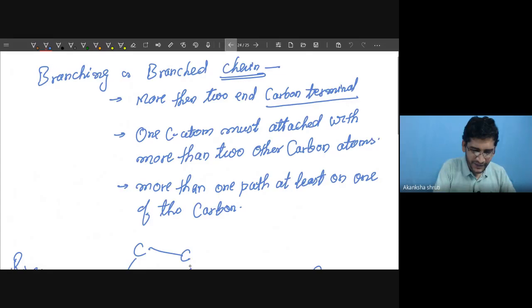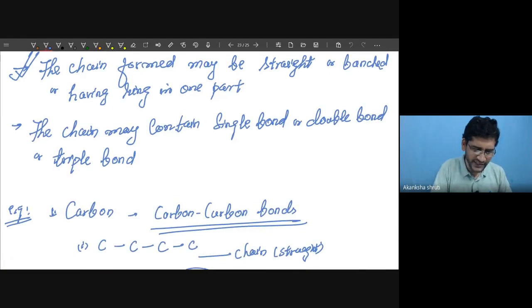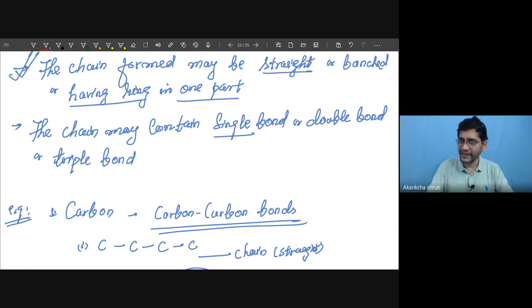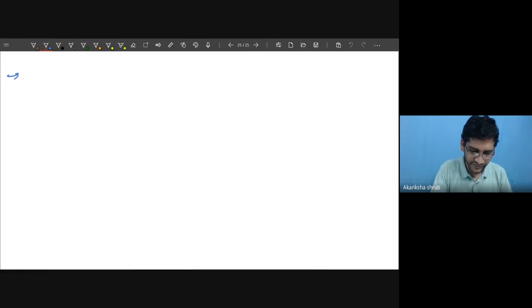Student, I had explained this point: carbon chain may be straight, branched, or ring. They may contain single, double, triple bonds. I will explain now.